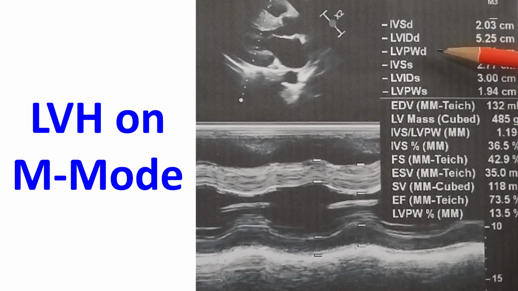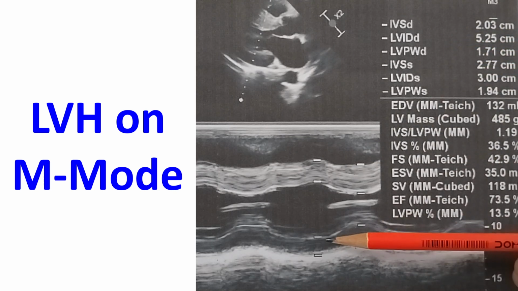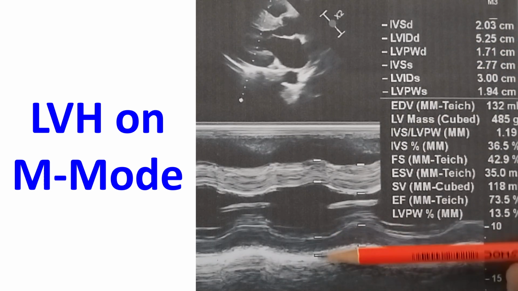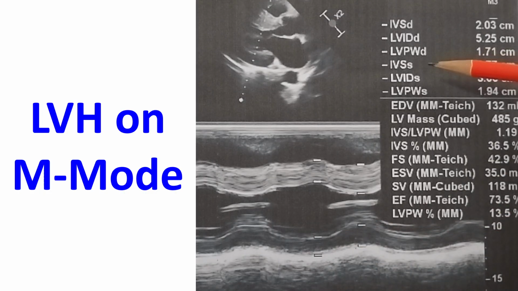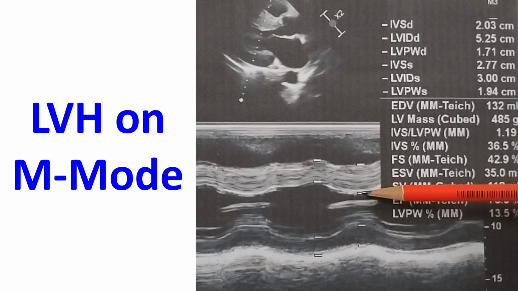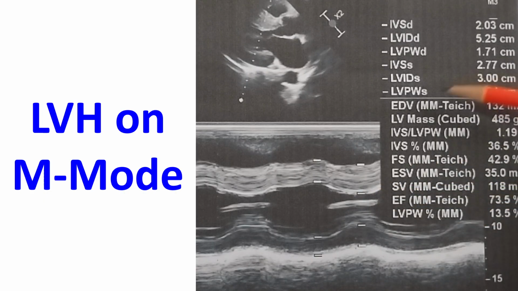Then left ventricular posterior wall diastolic, this dimension, markers you can see here. Interventricular septum systolic, that is this measurement. Left ventricular internal diameter systolic, that is this measurement. Left ventricular posterior wall systolic, this measurement.